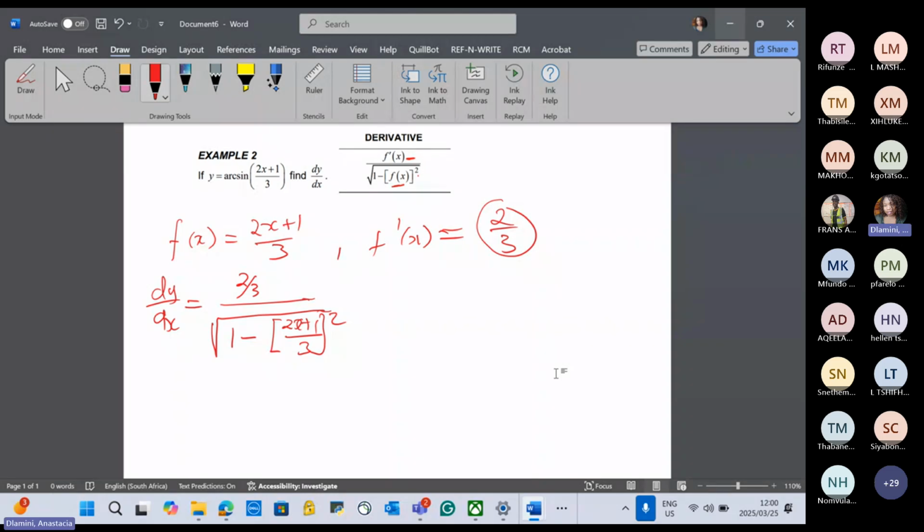No. So look at it like this. When I have fractions, when I have a over b plus c over b, the answer is what?